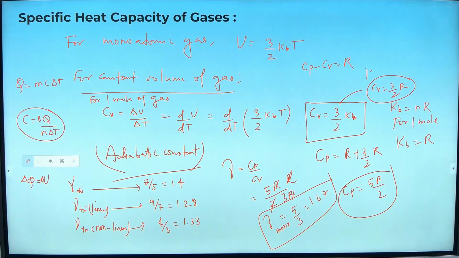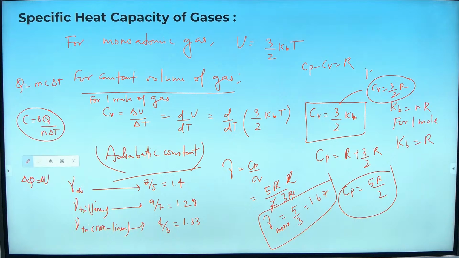Why did I do this? Which gas has maximum gamma? Mono. Diatomic is 1.4, monoatomic is 1.67, right? And which gas has least gamma?